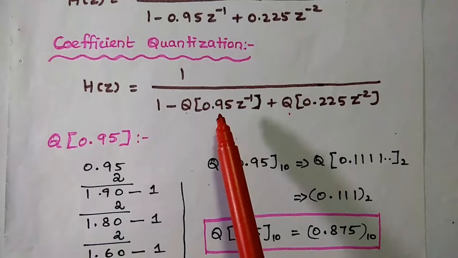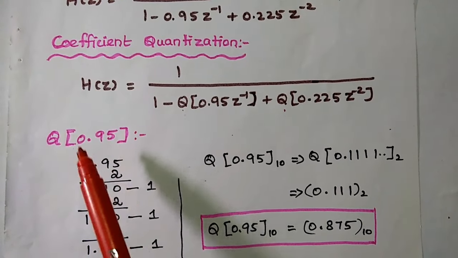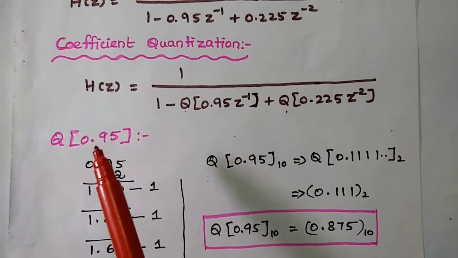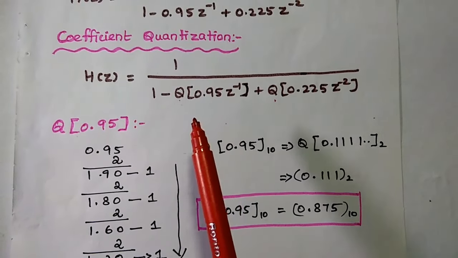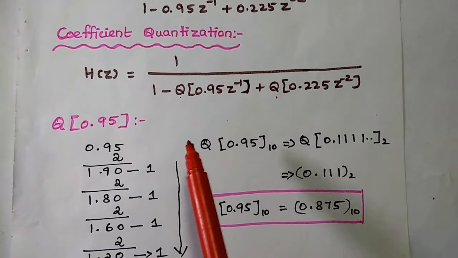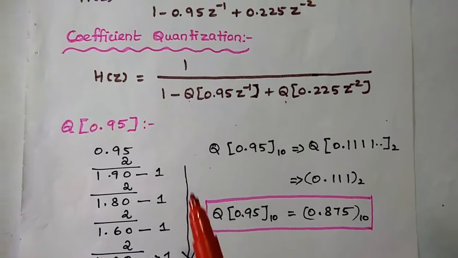So let's take the first coefficient first. Quantization of 0.95: it is a decimal value, right? The coefficient is generally represented as a decimal value that has to be converted into binary, because quantization can be done only at the binary level.